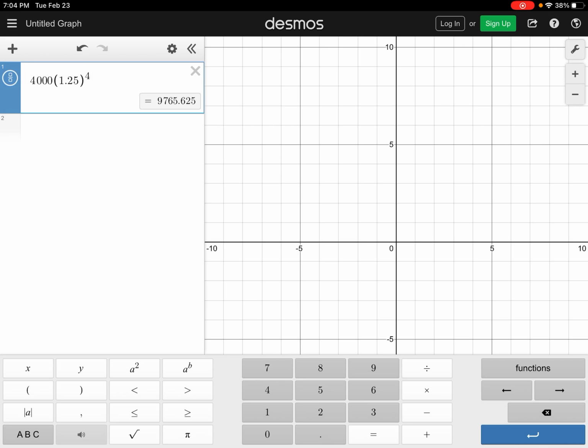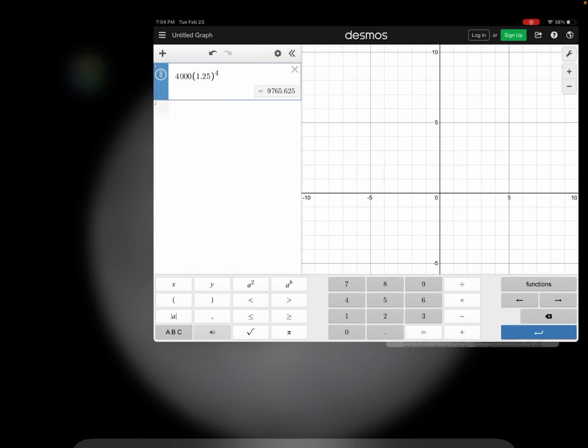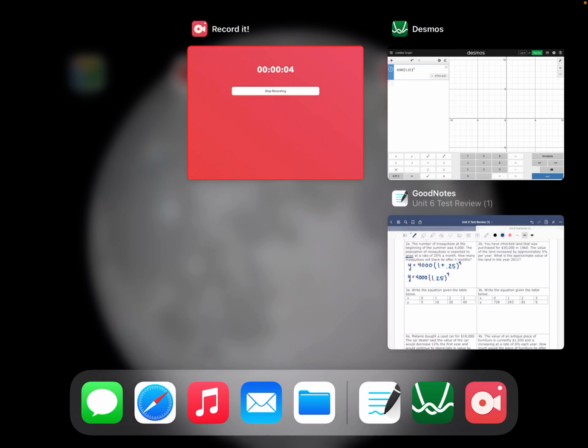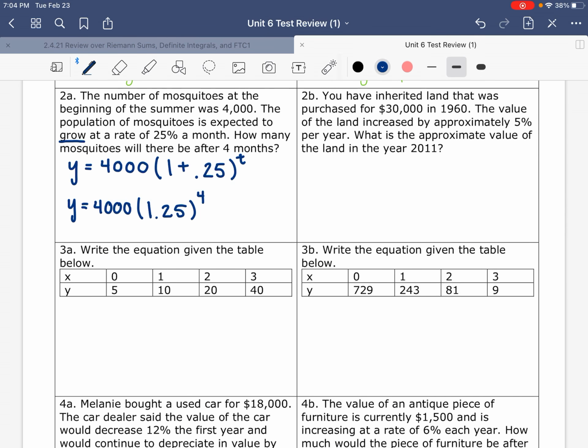And there we have our answer. It's going to be 9,765 mosquitoes. And that's our answer.